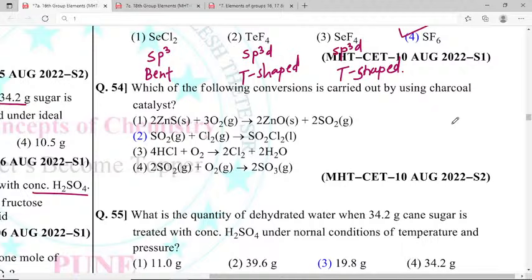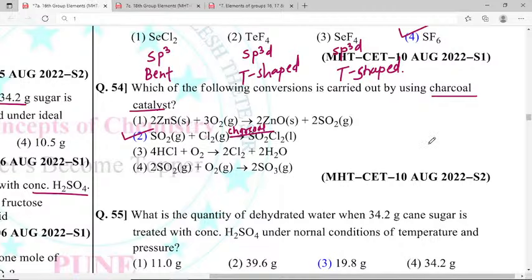Next question. Which of the following conversions is carried out using charcoal? Charcoal is used as a catalyst.